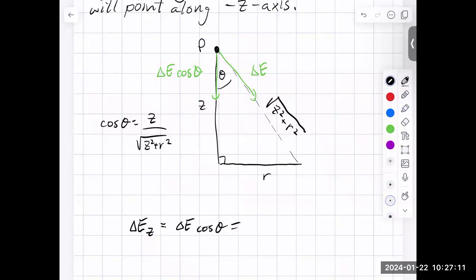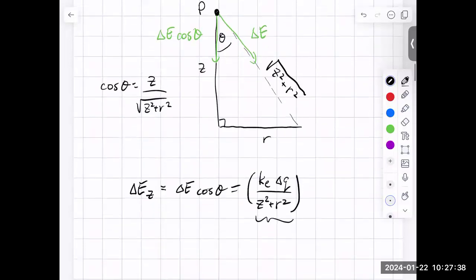Well, delta E is the electric field due to the small point charge delta Q. We know that for a point charge, the electric field is Coulomb's constant times the charge divided by the square of the distance from the charge to our point P. And so this is our delta E. And then our cos theta is z over the square root of z squared plus r squared.